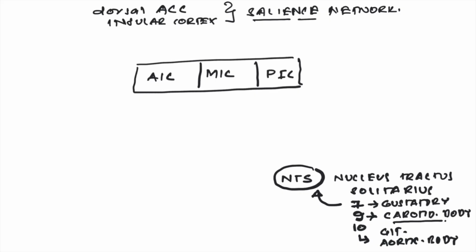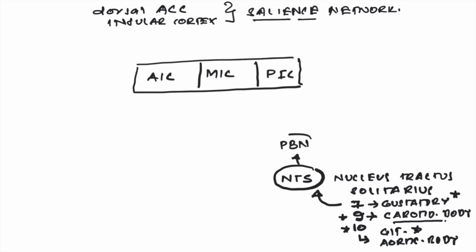So from the carotid body, the information is carried by cranial nerve 9, that is glossopharyngeal, and from the aortic body, the information is carried by cranial nerve 10, that is the vagus nerve, to the nucleus tractus solitarius. So this is the place where you're going to perceive the taste sensation, the GI signals, as well as the cardiovascular and respiratory signals.